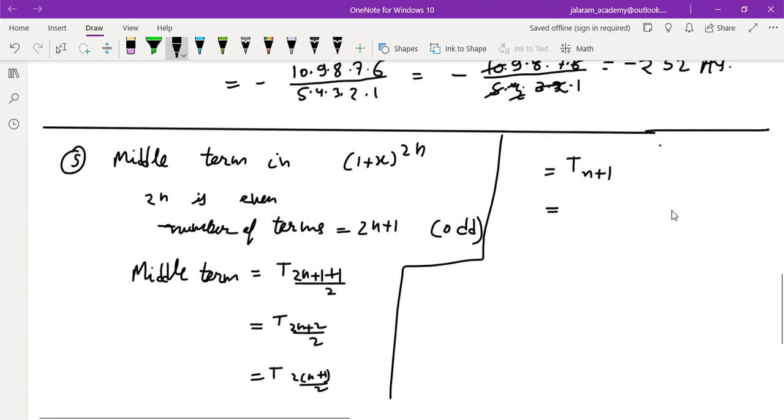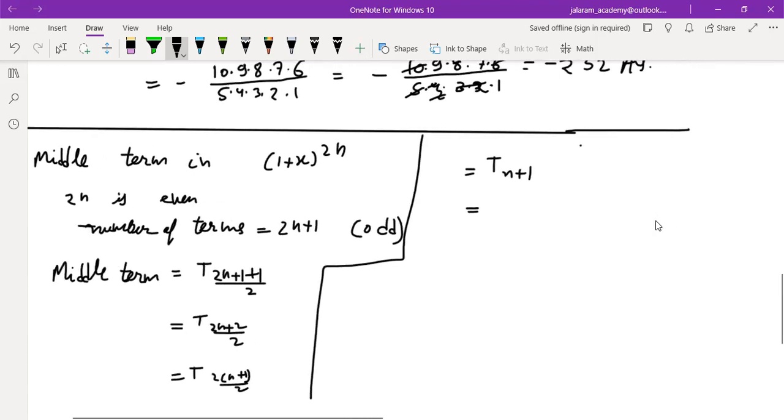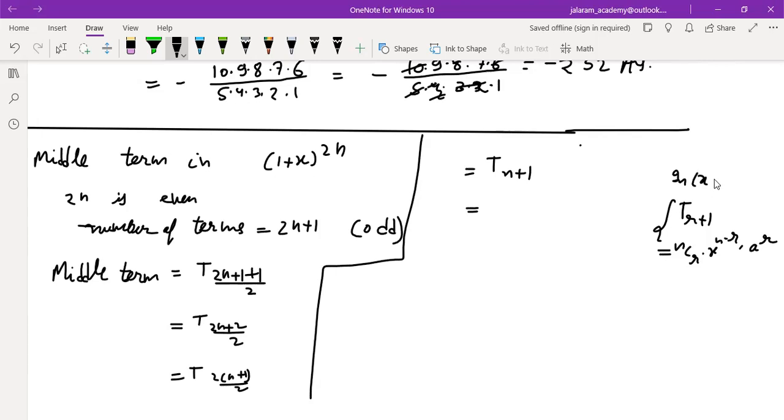Now if we use the formula for the general term, that is the rth term, t(r+1) equals nCr into x to the power n minus r into a to the power r in the expansion of (x + a) whole to the power n. So in place of n, it has 2n, and r is n.